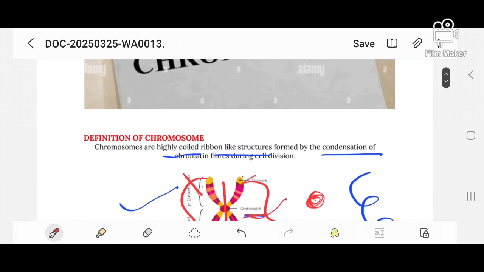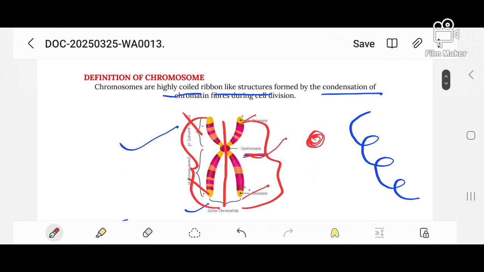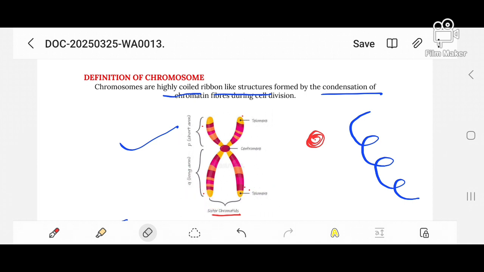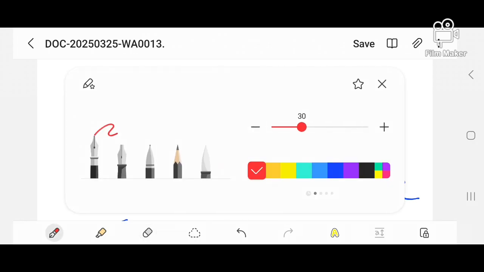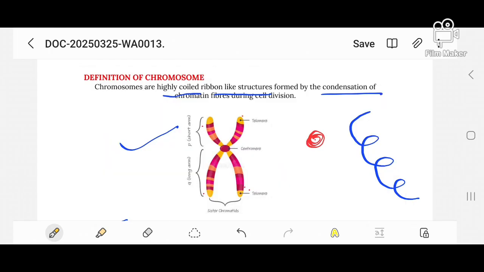Let's go back again. These two, see here it is written. These two and these two are sister chromatids.